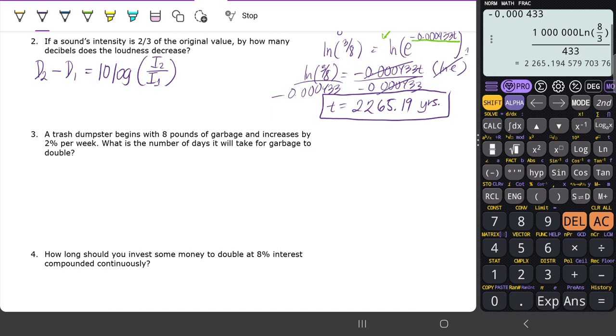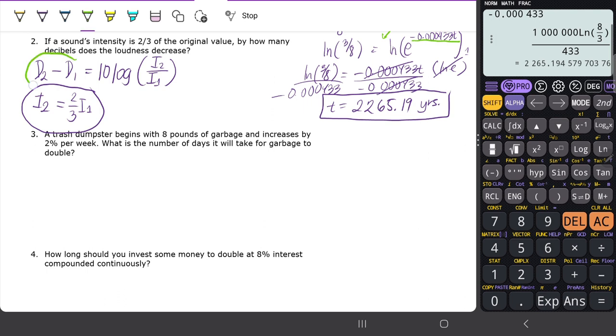So what we know here is that the intensity of the sound, I2, is equal to 2/3 of the original intensity of the sound, which is I1. Okay? So, yan yung alam natin. Ito yung sinasabi dyan sa problem. So, hinahanap natin, by how many decibels does the loudness decrease?